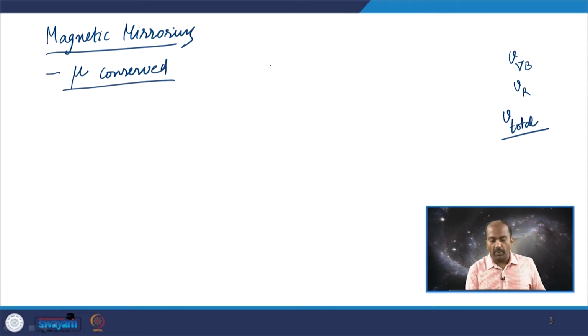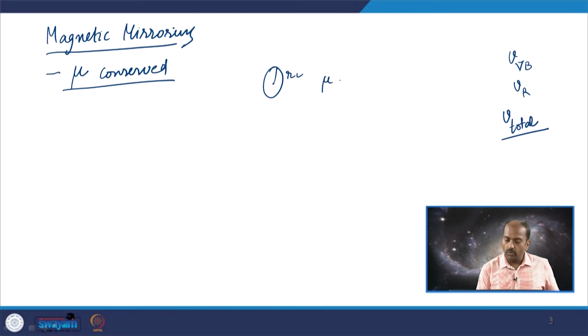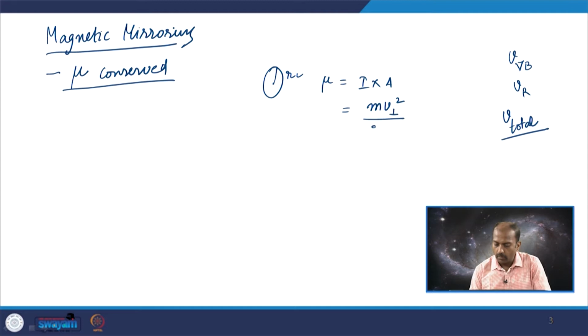We have seen that the particle gyrating around a center with a gyration radius RL constitutes a tiny magnetic dipole whose magnetic dipole moment is equal to the current times the area. We have derived that this magnetic moment is equal to mv squared by 2B.